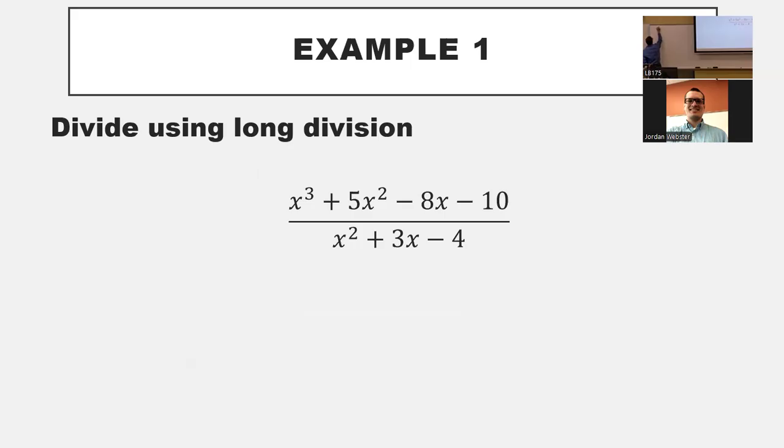We have x to the third plus 5x squared minus 8x minus 10 as the dividend, and the divisor is going to be x squared plus 3x minus 4.